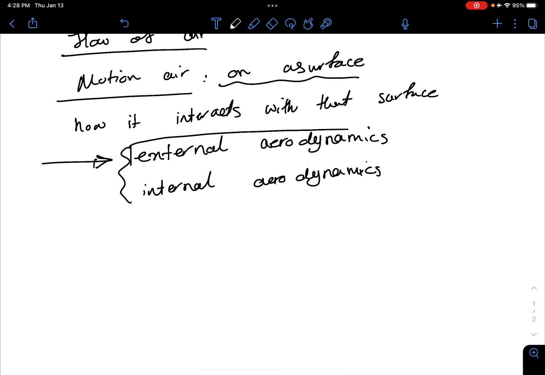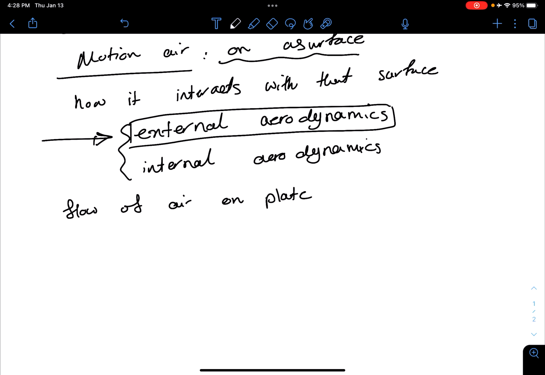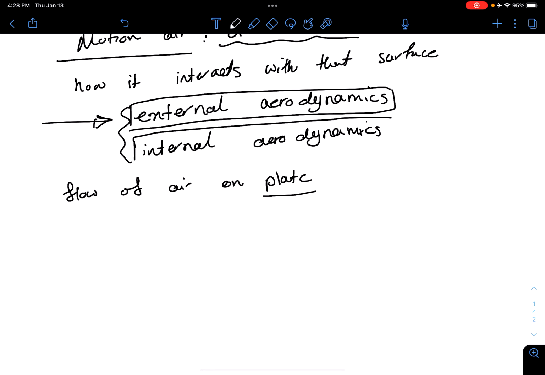External aerodynamics talks about the flow of air on plates. It can be a flat plate, it can be a curved plate. A curved plate, meaning it can be a wing or fuselage or whatever, right? Internal aerodynamics talks about the flow of air inside of the ducts.